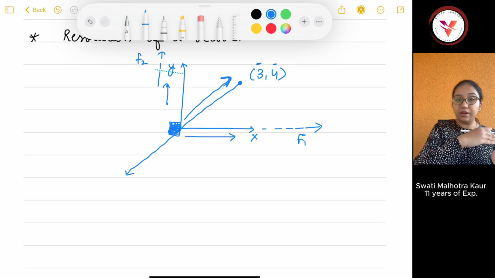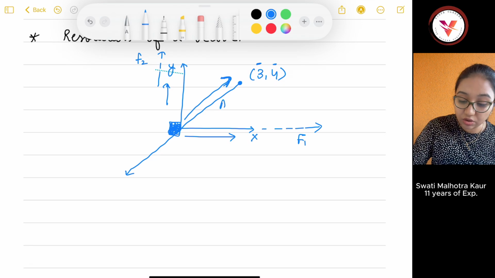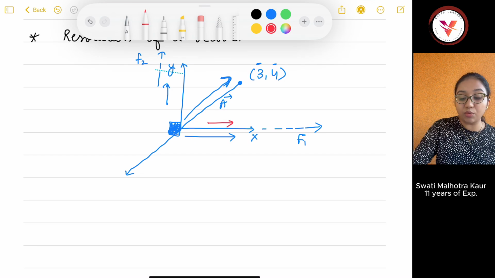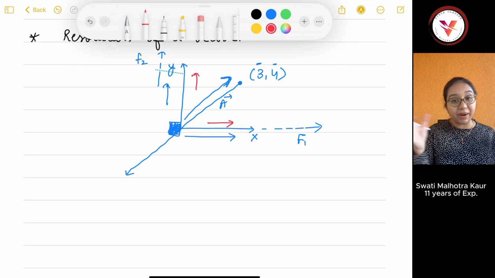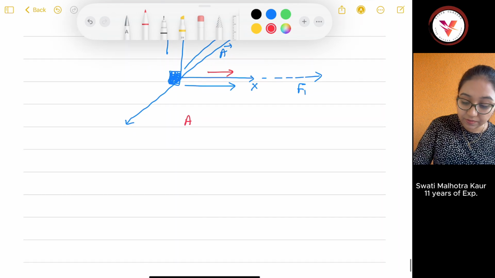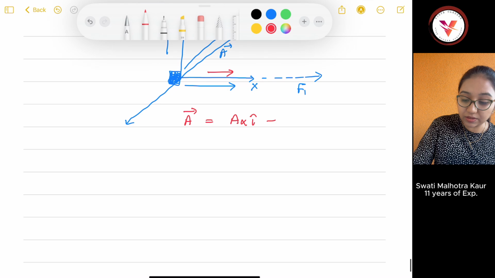Now take it in reverse mode. Your vector is along here, so it has a component along x-axis, it has a component along y-axis, whose combined effect gives you this A vector. So this A vector can be written as AX I cap plus AY j cap.